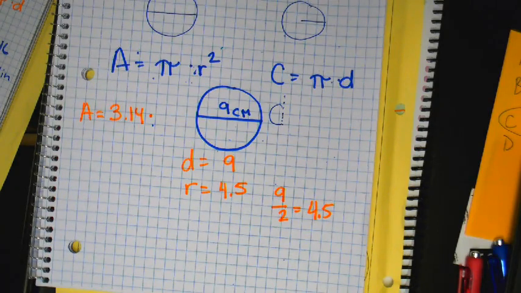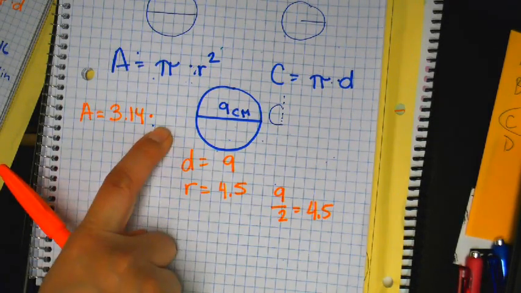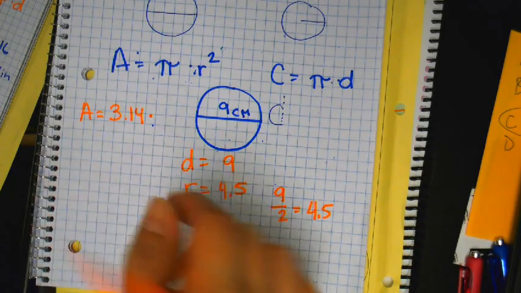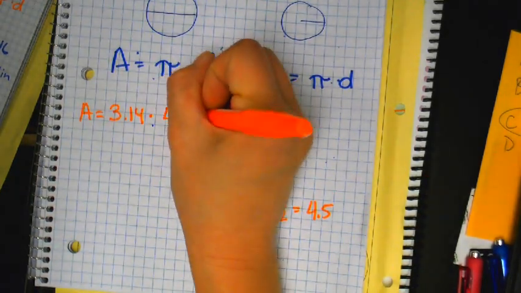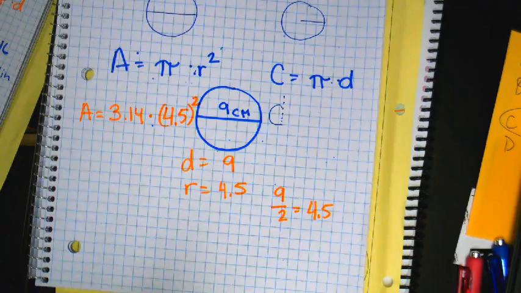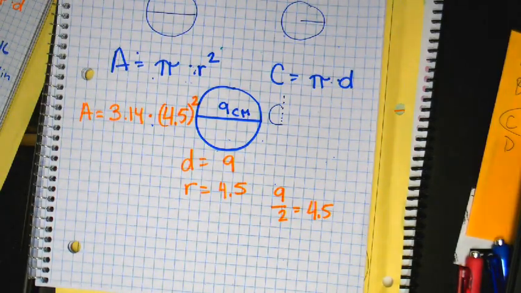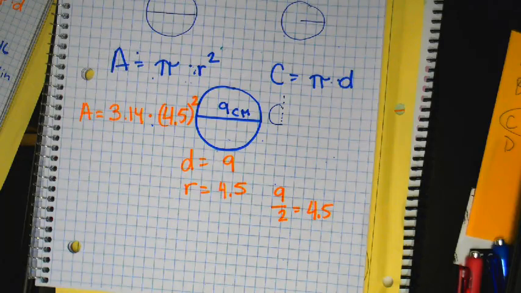So what do I write down? Well, now substitute the number. What number am I going to put right here? 4.5 squared. So the formula says pi, so it's 3.14, times radius squared. Our radius is half the line, right? The short line. We discovered it's 4.5.